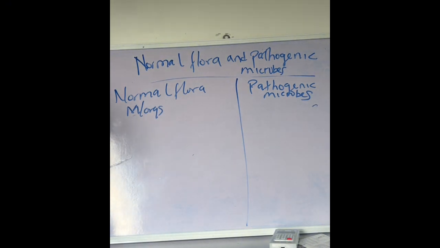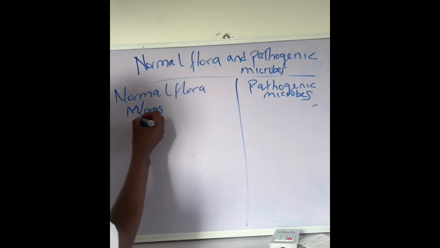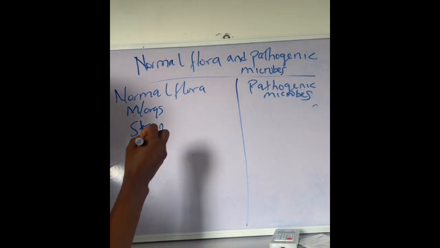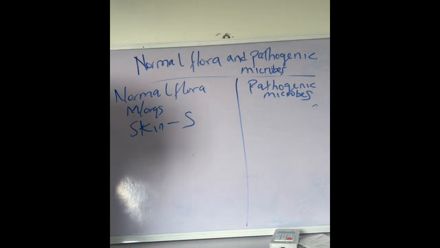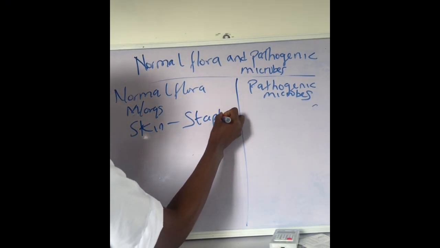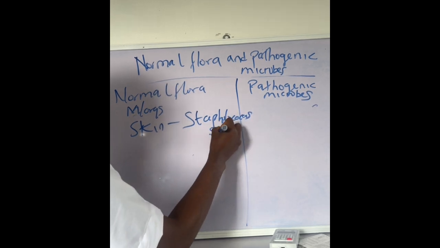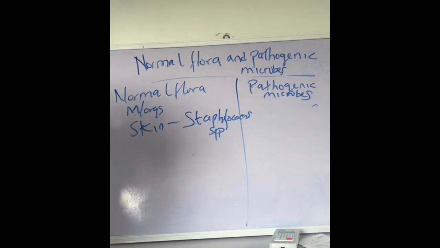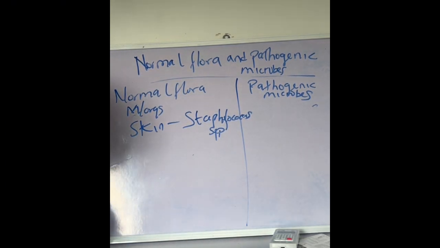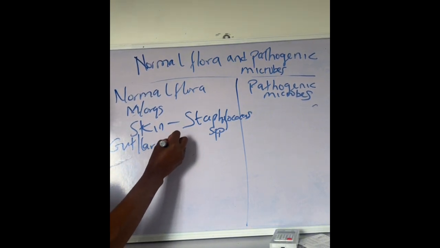Now, what are those anatomical sites in your body where you can find the normal flora? Examples of such sites: we have the skin. On the skin you can find Staphylococcus species. The next place where we have the normal flora is the gut or the large intestine.